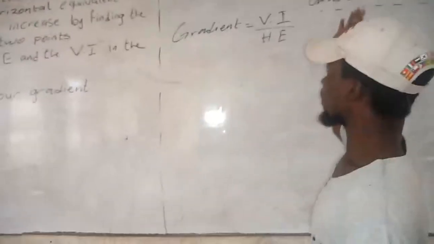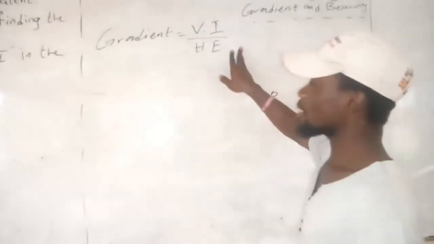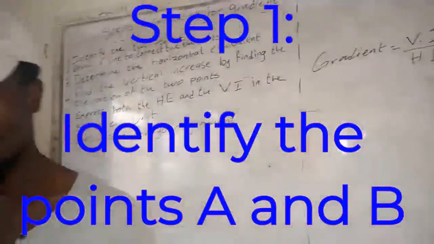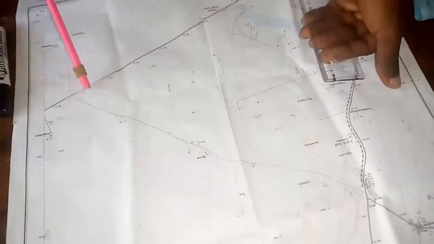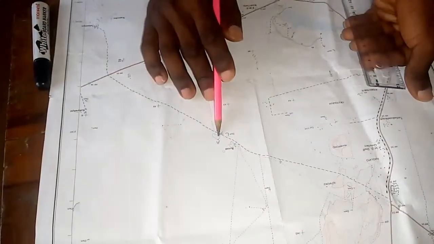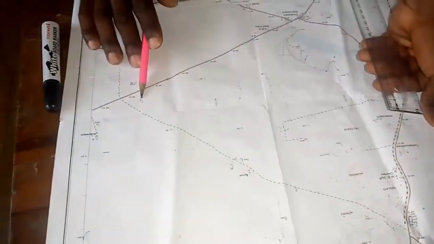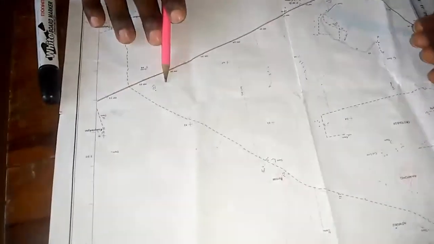So we can first find the vertical interval or the horizontal equivalent first. What matters is that we find both of them. But let's follow the steps. Step 1, on the map, says we should identify the two points. So we identify point A on contour 250 feet, and point B on contour 100 feet.